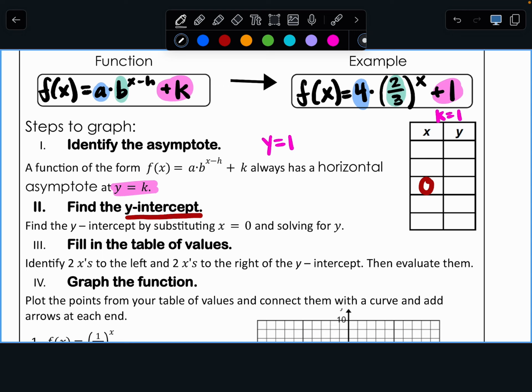So in this case, we would do 4 times 2 over 3 to the power of 0 plus 1. Now you can put that in your calculator if you want to. I know that anything to the power of 0 is 1. So this would be 5.